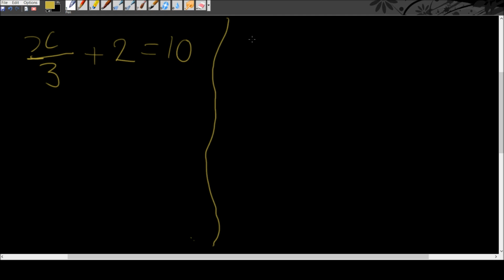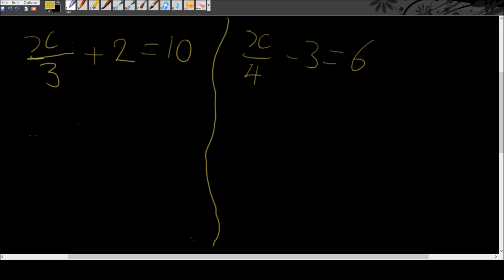That is a wonky line, and let's put x over 4 take away 3 is equal to 6 on this side. Okay, so let's look at this side first. So we've got x divided by 3 plus 2.